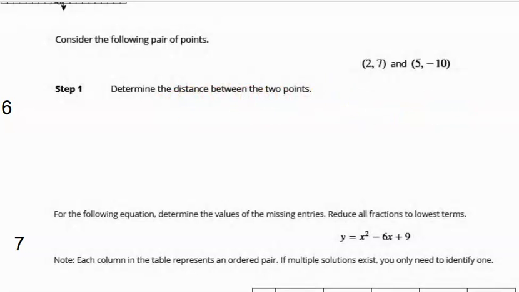Now, the formula for the midpoint is x sub 1 plus x sub 2 divided by 2, and then y sub 1 plus y sub 2 divided by 2. So we got 2 plus 5 is 7. 2 plus 5 divided by 2 is 7/2.